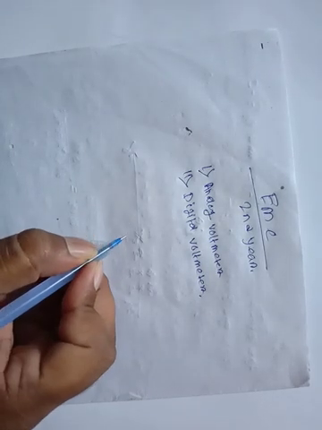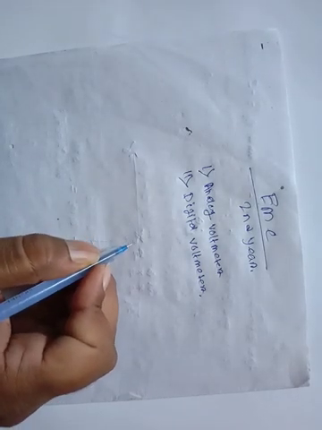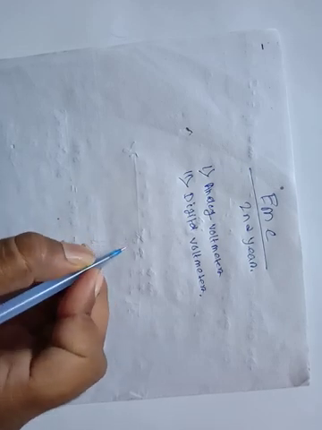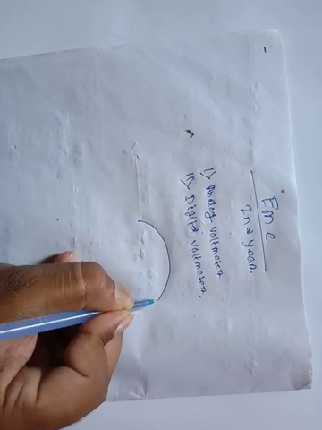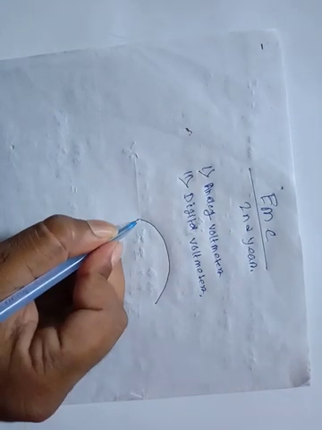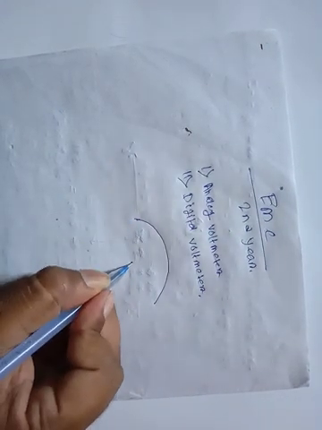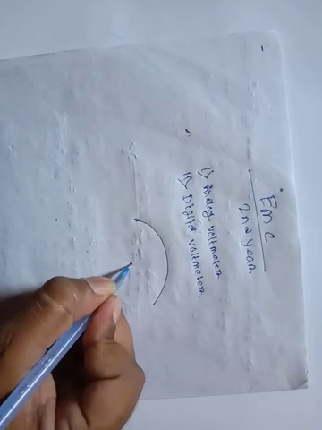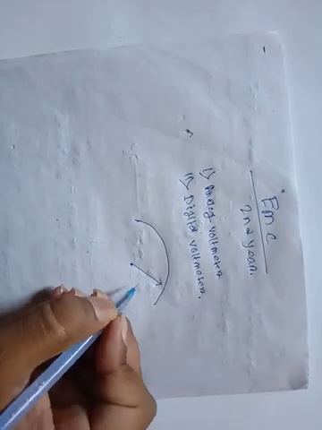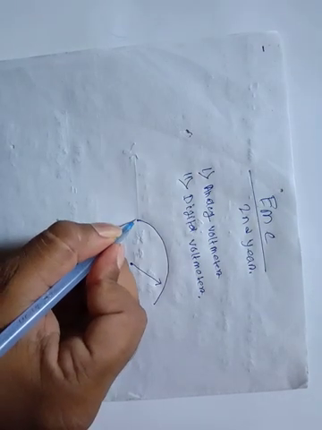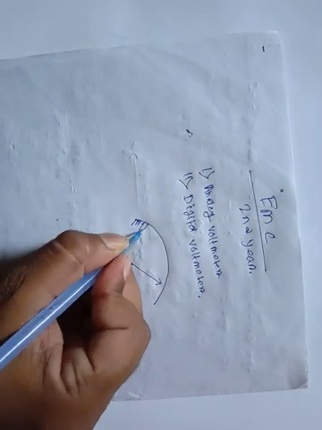An analog voltmeter generally contains a dial with one needle. Suppose this is the dial of an analog voltmeter. The needle has a pointer that indicates the measured value on the scale.